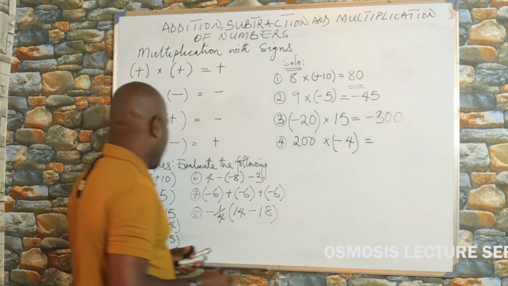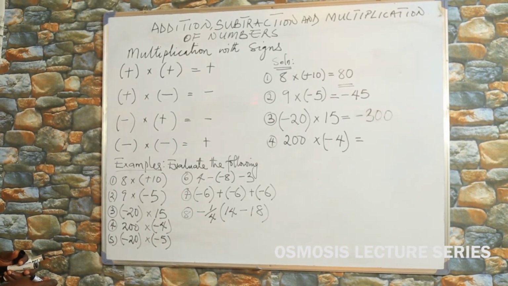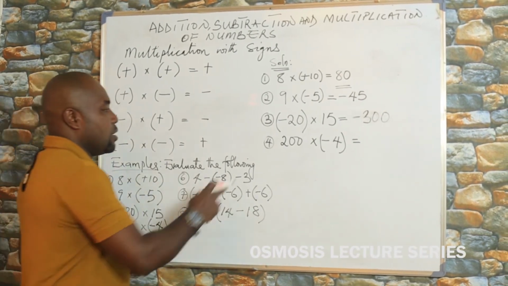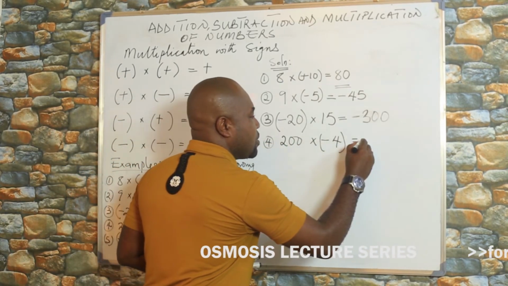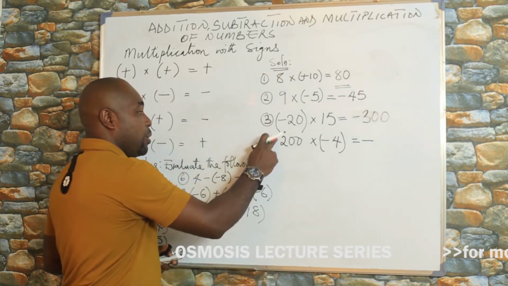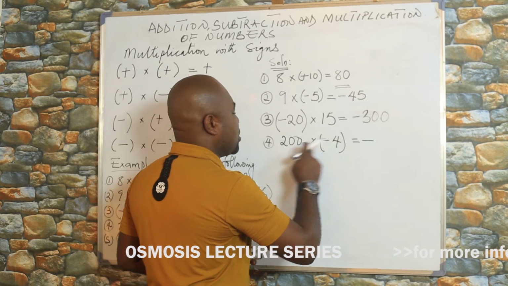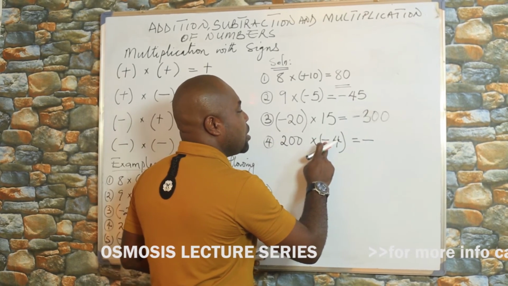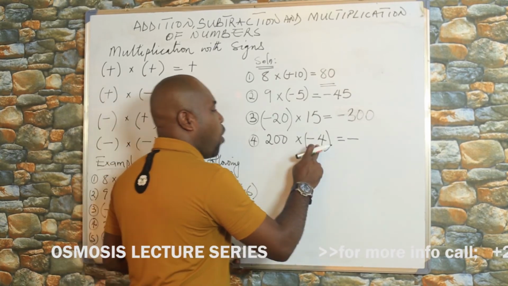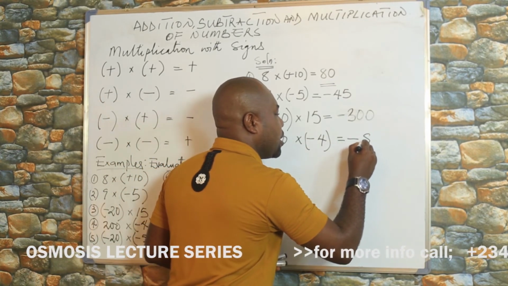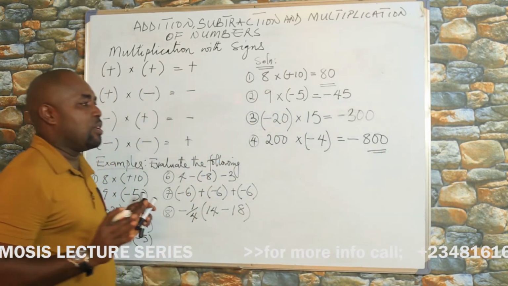This is equal to, this is plus. Plus times minus is minus. This is plus 200 times minus is what? Plus times minus is minus. Then 200 times 4 is 800. As simple as ABC.